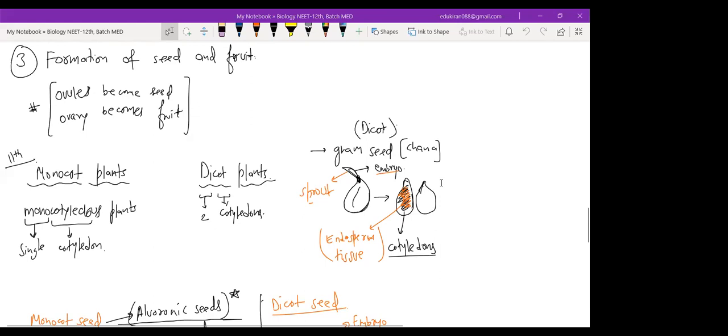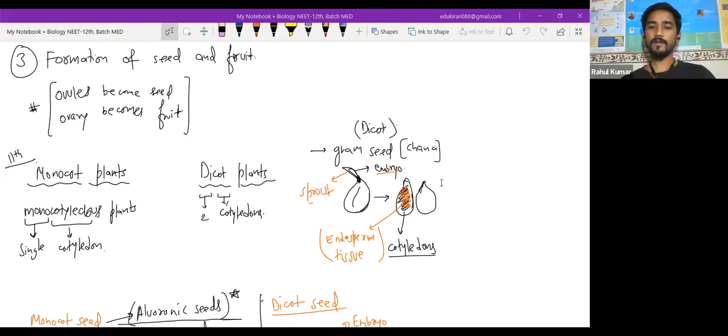What are angiosperms? Angiosperms include plants with flowers. Yes, so they are flowering plants. Not all plants flower, but those which flower are called angiosperms. The flower is a very interesting and evolved organ of a plant, specifically evolved for sexual reproduction, because it produces the reproductive structures inside it, which are called stamen and carpel.